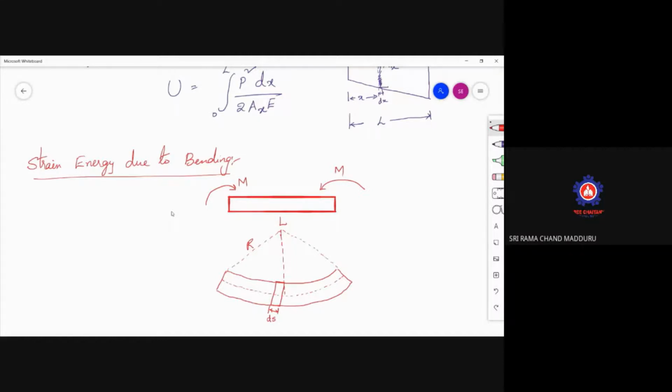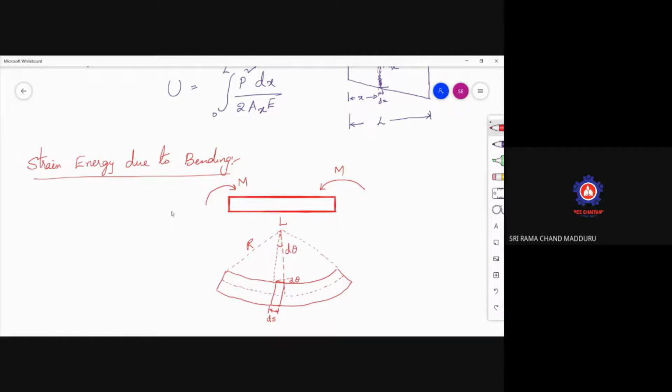Along the horizontal, the length is dx. Now it is making an angle with respect to the horizontal as d theta. The same angle will be made at the origin. This is also d theta.